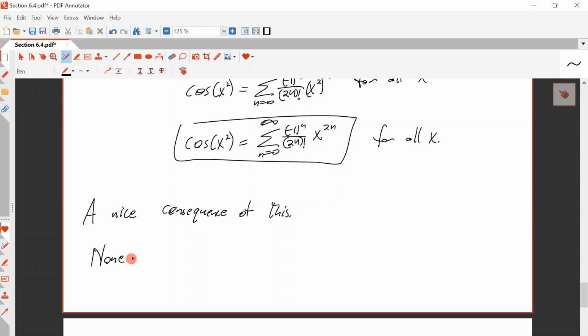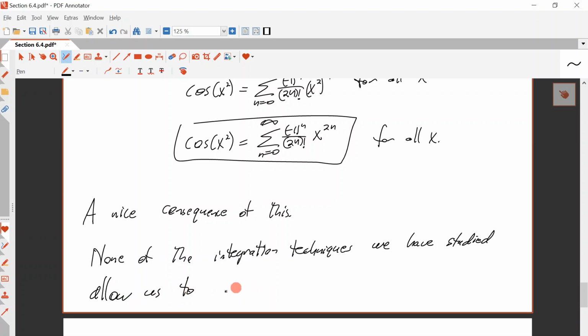None of the integration techniques we have studied allow us to obtain the antiderivative of cosine x squared dx expressed using the usual types of functions.